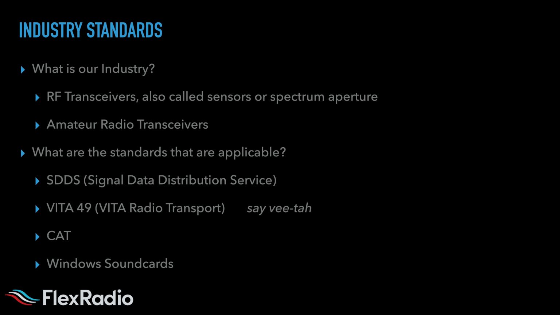Okay, so let's move on and talk a little bit about industry standards and what's going on in terms of interfaces in our industry. So RF transceivers, which are also called in our industry sensors or spectrum apertures or something like that, these are the names that they take on in the radio world that's not amateur, and then in the amateur world we often just call them transceivers.